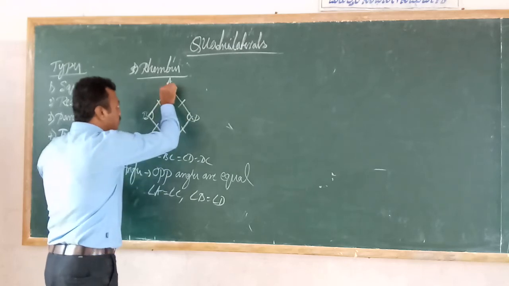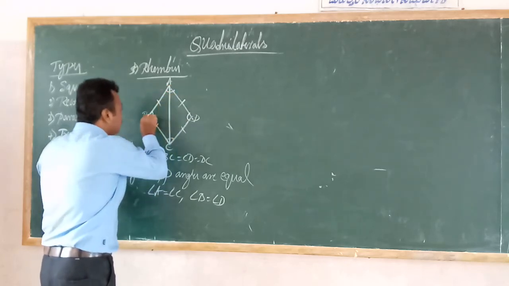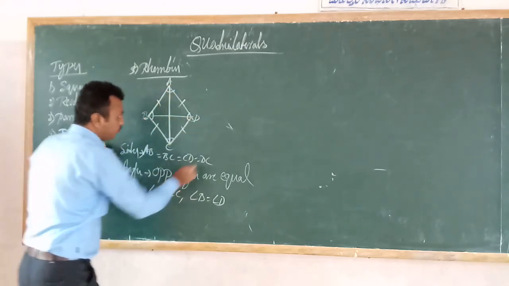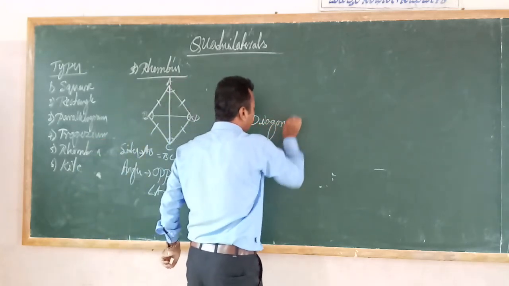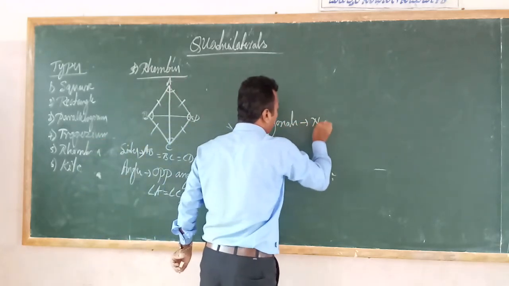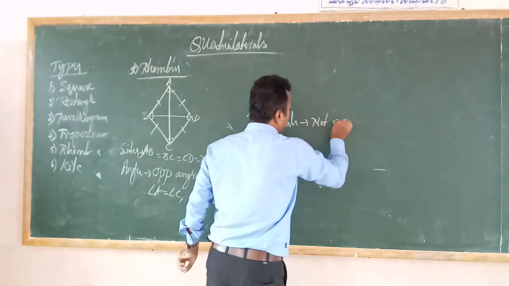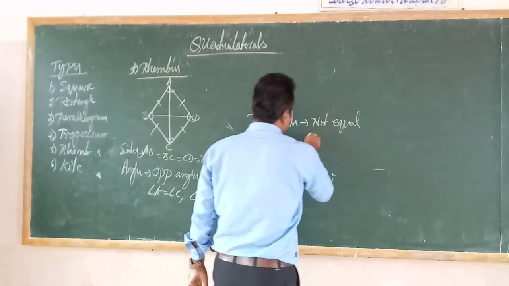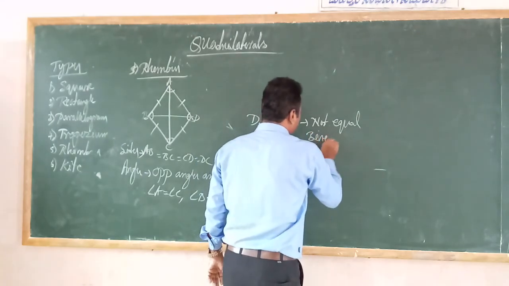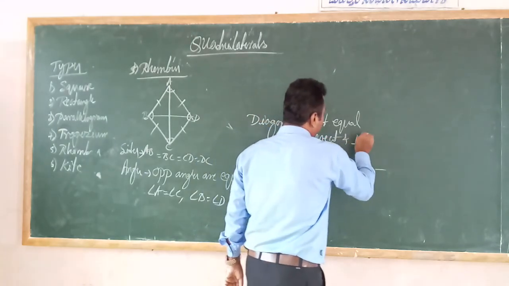And come to the diagonals. Diagonals are not equal, but diagonals bisect each other, and are perpendicular to each other.